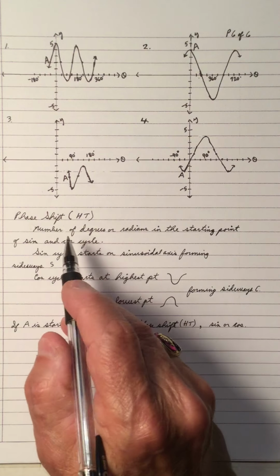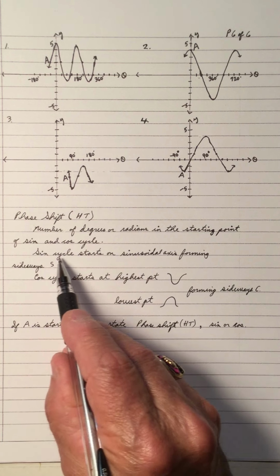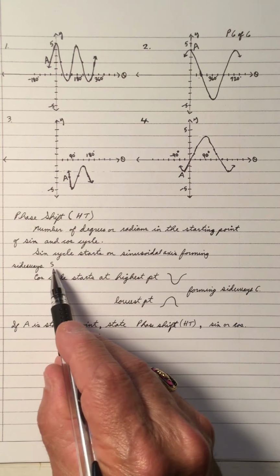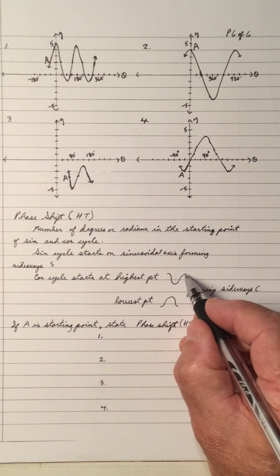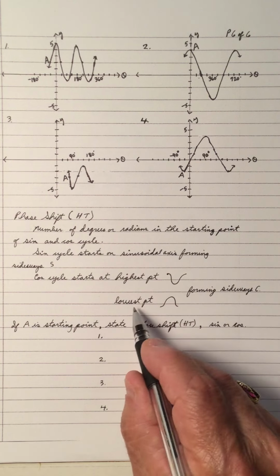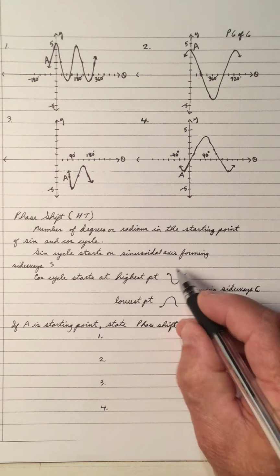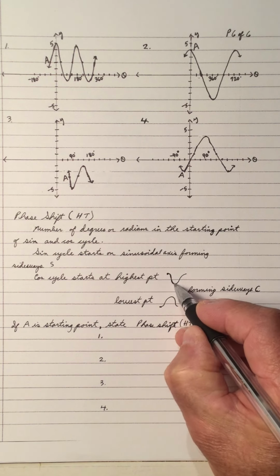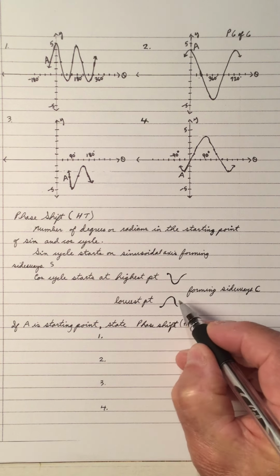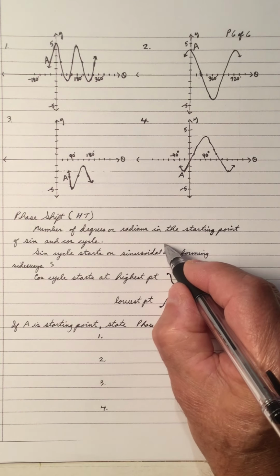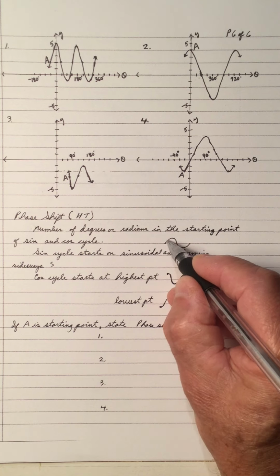Phase shift is left or right. The number of degrees or radians in the starting point of the sine or cos cycle. The sine cycle starts on the sinusoidal axis, forming the sideways S. The cos cycle starts at the highest point, forming a sideways C, or you can start at the lowest point, again forming a sideways C. But if you start on the sinusoidal axis, there's the phase shift right there, whatever that takes to start.